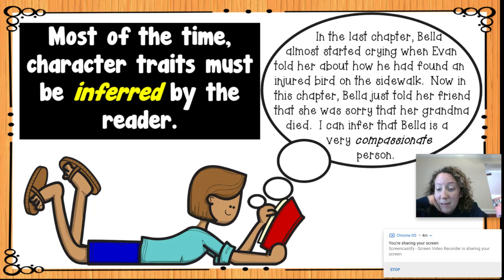We're able to say it based on the text evidence. We can see that she almost cried when she heard about an injured bird, right? Then we also see that she was sorry about the grandmother dying, right? This text evidence helps us to infer the character trait of Bella.